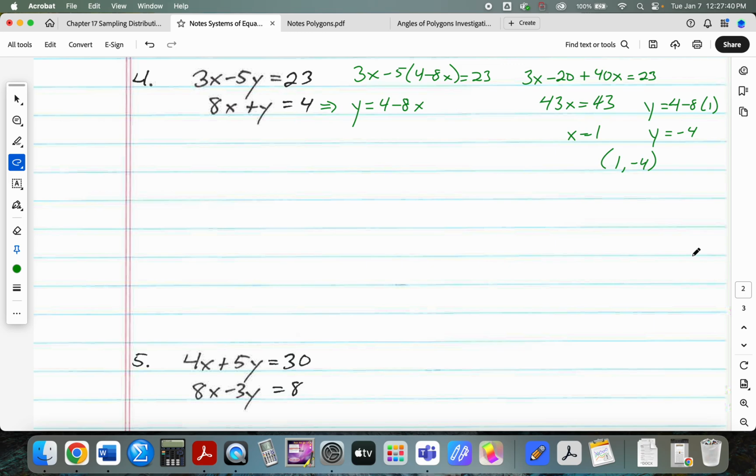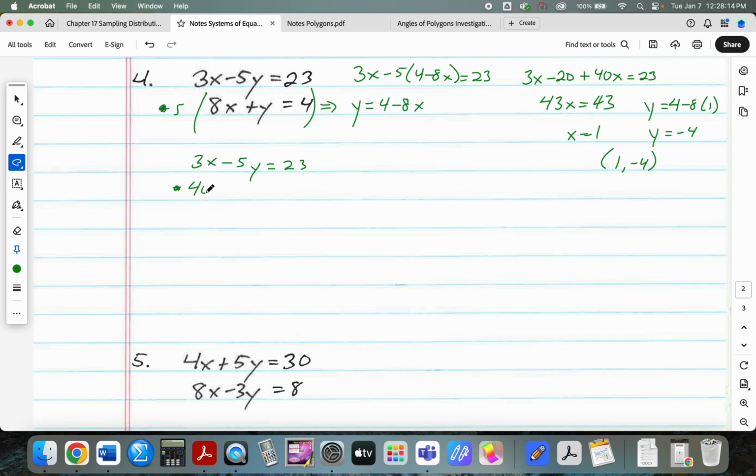So you can do substitution on this one if you want, because it's easy to isolate y. If it's easy to isolate a variable, substitution works quite nicely. It's also very easy to do this by elimination. If I take this bottom equation and multiply it by negative 5, leaving the top one alone, I have 3x minus 5y is 23. Oh, sorry, I don't need to multiply by negative, just by 5.